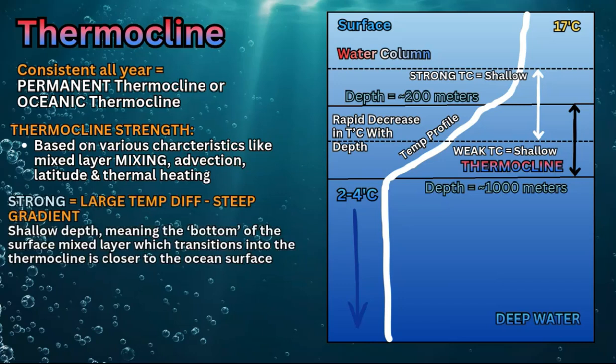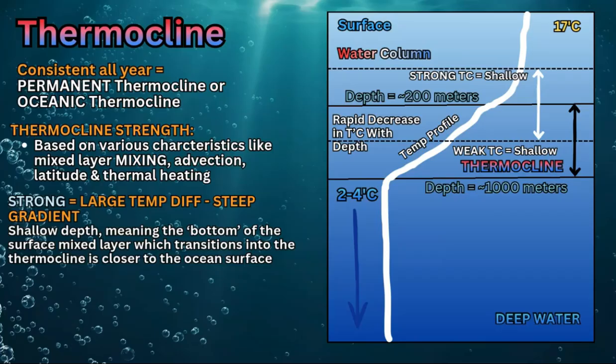So the faster the temperature decreases over depth, the stronger the thermocline, and that would present a stronger, more resilient barrier between the warm surface layer that's mixed uniformly and the much colder isothermal deep water below the thermocline. And this strong thermocline acts as that strong boundary layer which prevents any mixing of the surface layer becoming deeper.